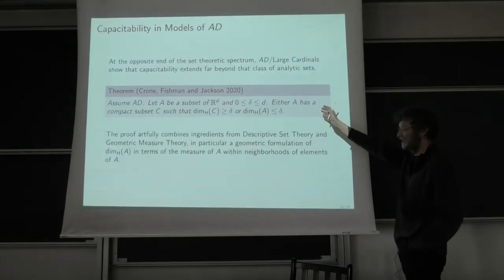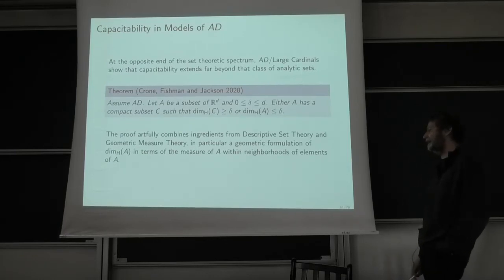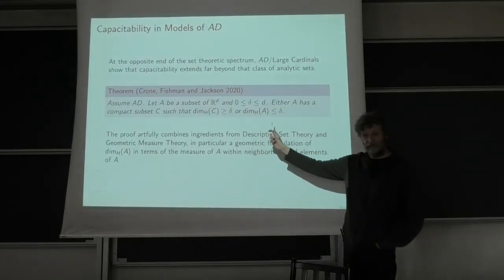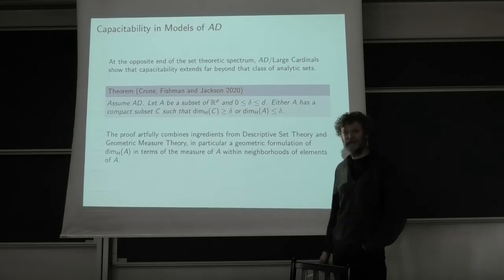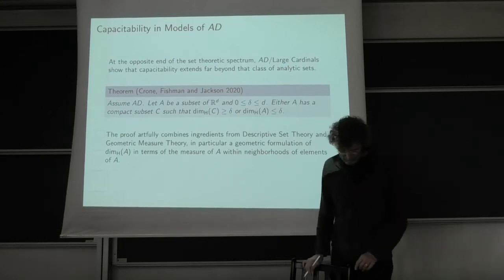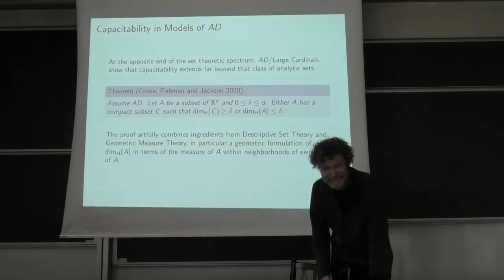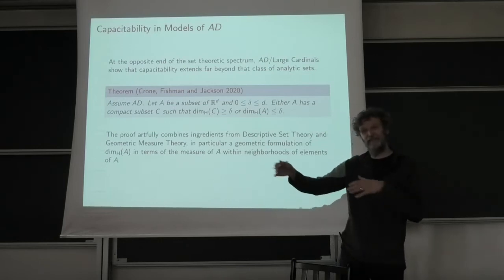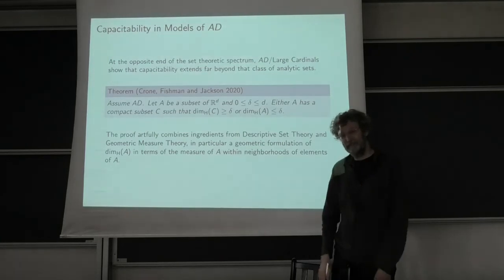And the proof is quite a nice mixture of ingredients from set theory and ingredients from geometric measure theory. It uses a fair amount of analysis of how Hausdorff dimension works. So it can go either way. It can be the case that dimension exhibits high levels of regularity, or regularity could just crash right away.